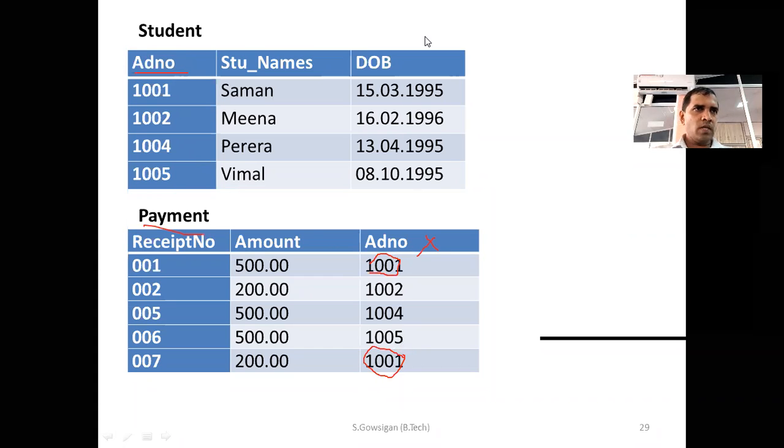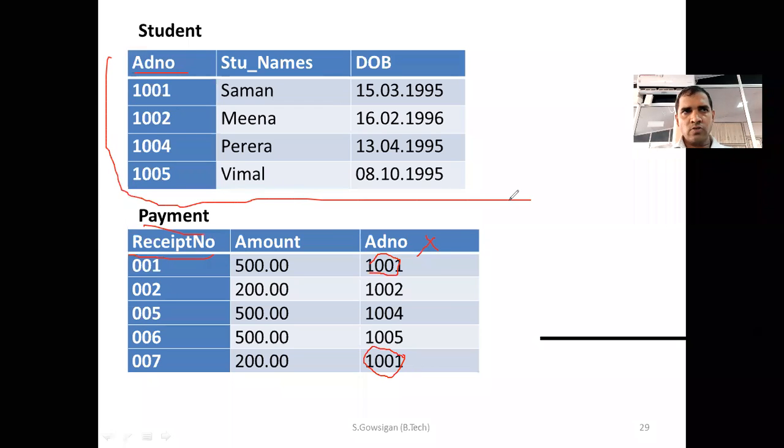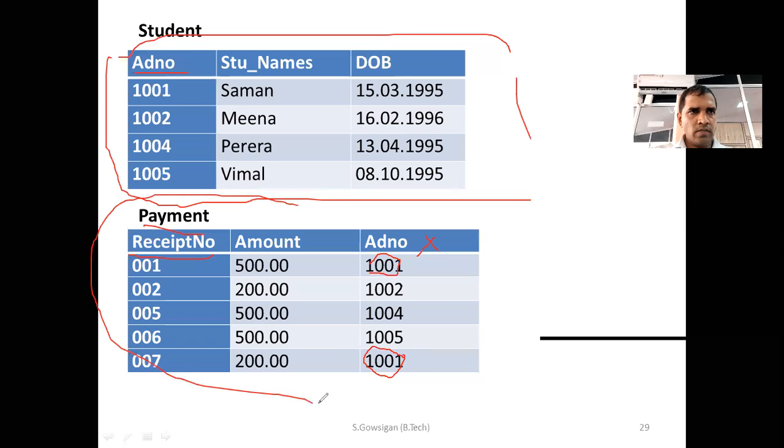So what could be the primary key here? It is receipt number. Try to understand the real world scenario. Take a look at your school. Your data are saved in the student table, right? This has your name, your admission number, your date of birth. The payments that you made are saved in the payment table.